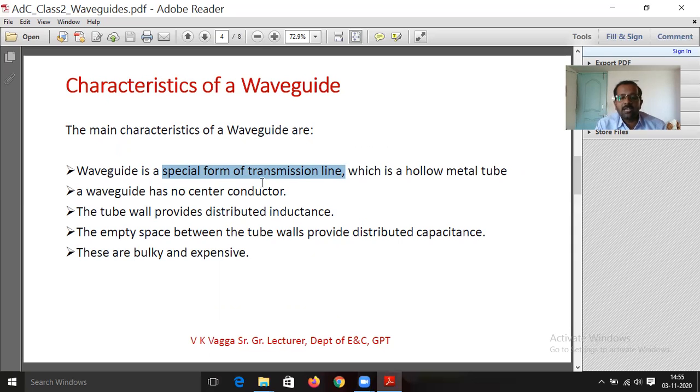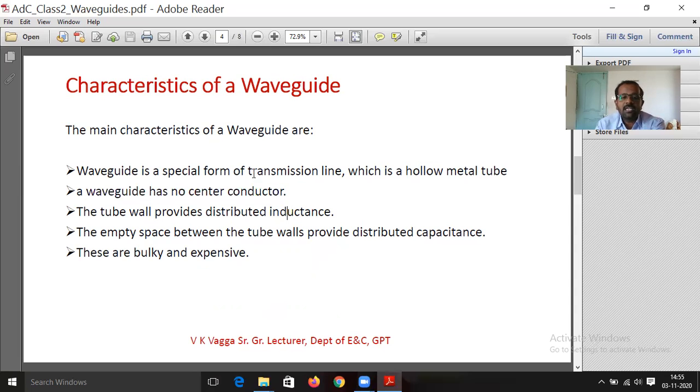So it is transmitted by reflections, which means it also acts as a transmission line. The metal tube is hollow, meaning it is an empty tube. And a waveguide has no center conductor.